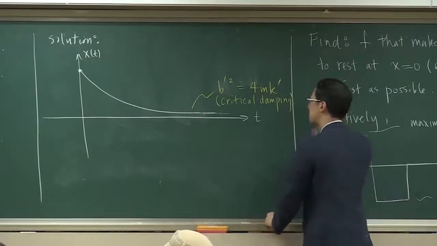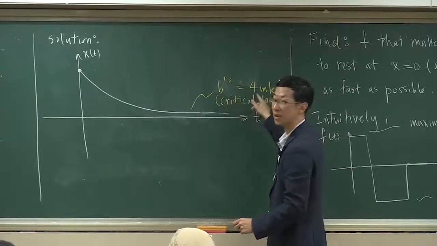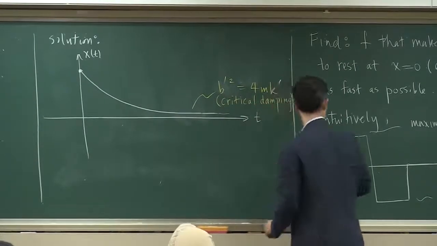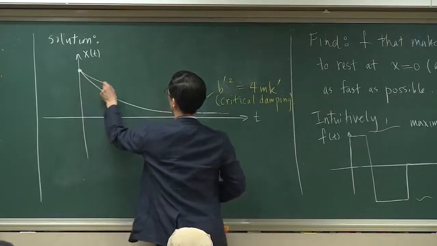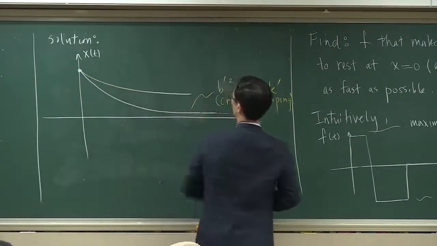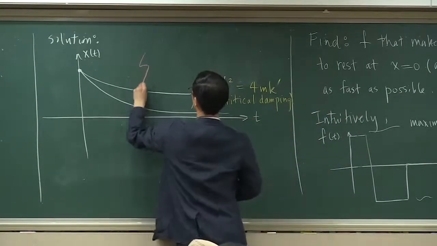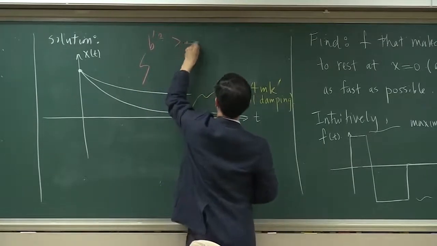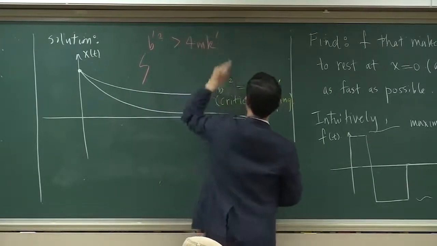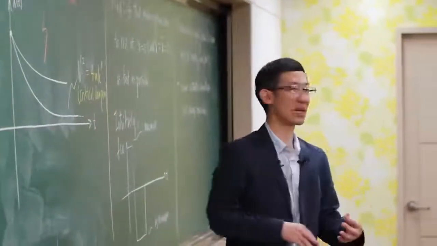Now, if b prime squared happens to be bigger than 4 m k prime, the graph looks something like that. This is the overdamped case.